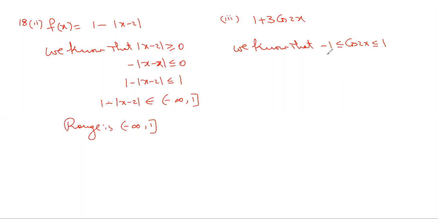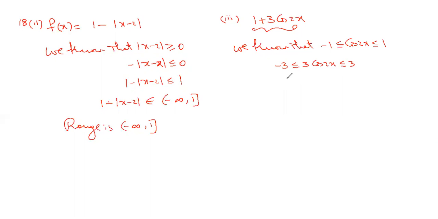So when we know that, and we want to know where this expression lies, we multiply with 3. So minus 3 is less than or equal to 3 cos 2x is less than or equal to 3.